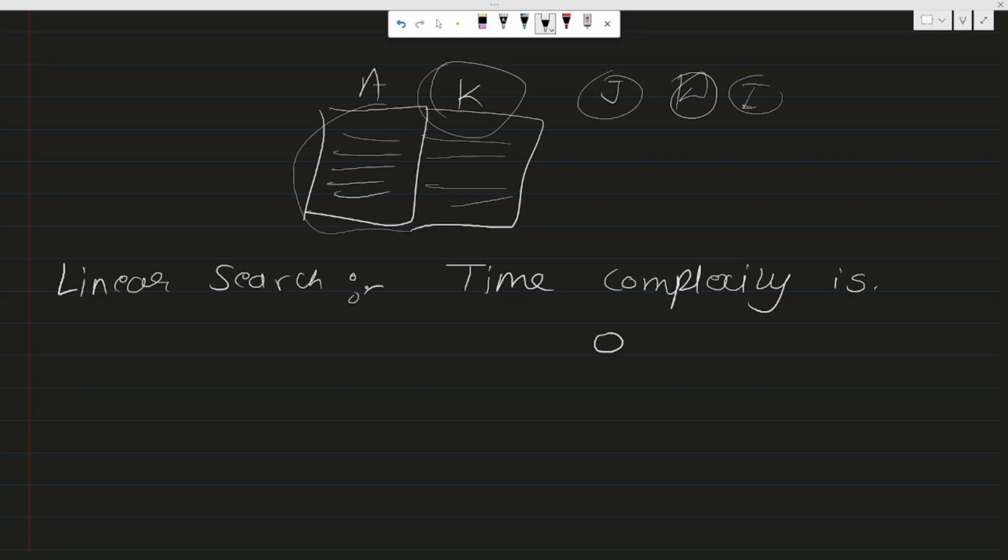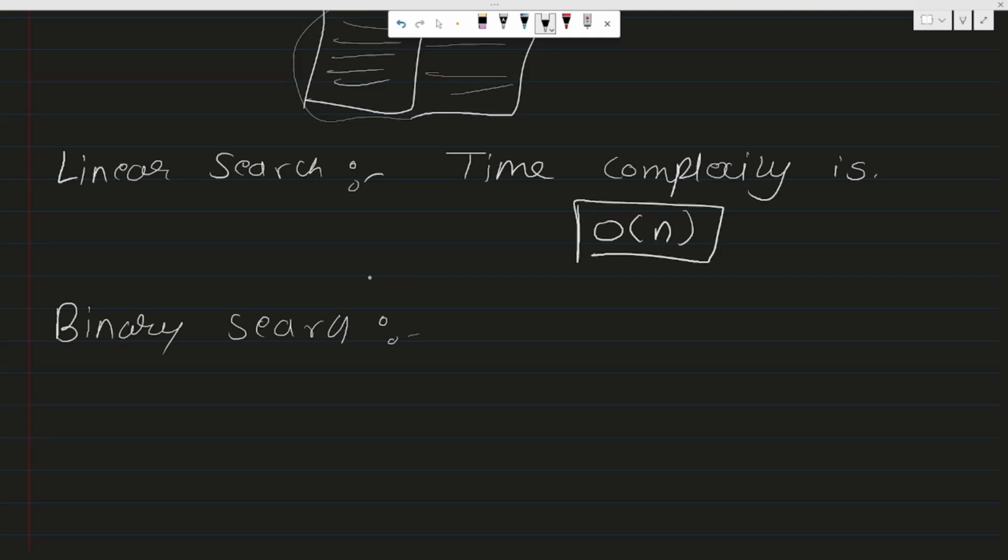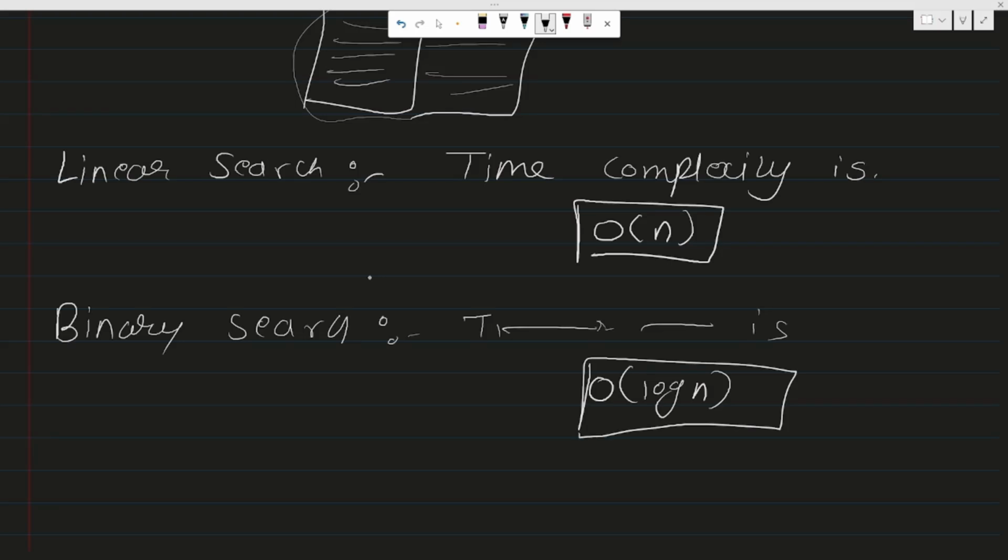For linear search it is O(n). The second one is binary search, and its time complexity is O(log n). So directly remember this.